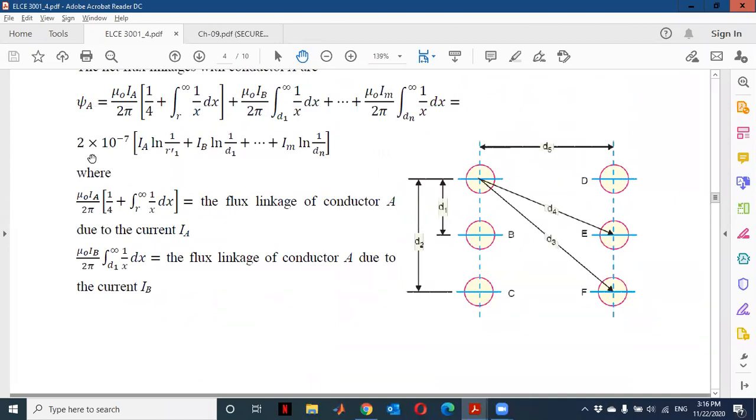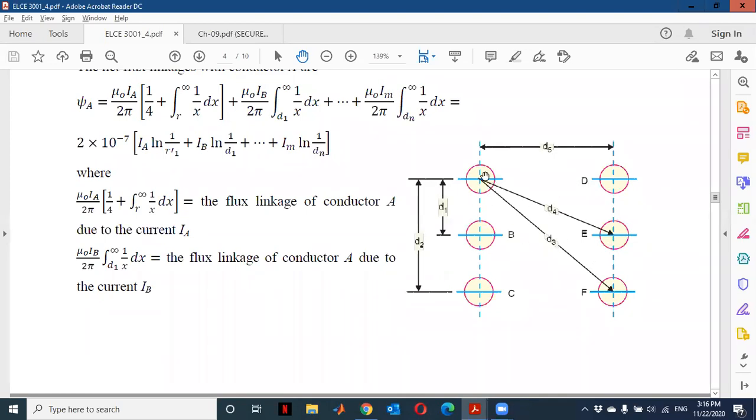2 multiplied by 10 to the minus 7, all multiplied by the current of conductor A, ln 1 over R1 dash. Remember, R1 dash is 0.7788 multiplied by R1, the radius of conductor 1. Here we assume that all diameters are equal.